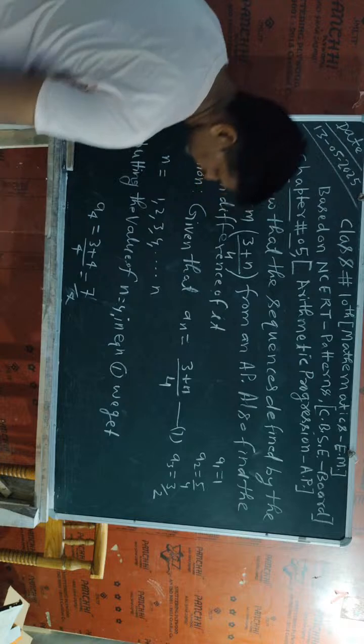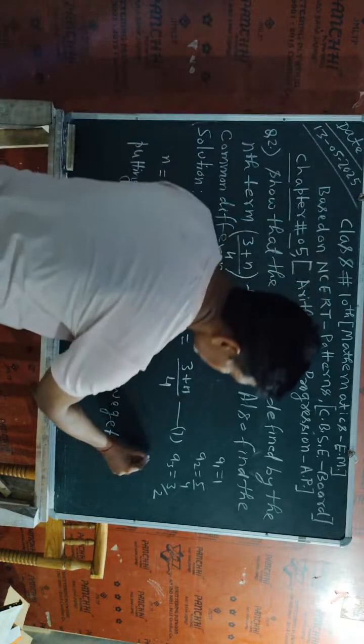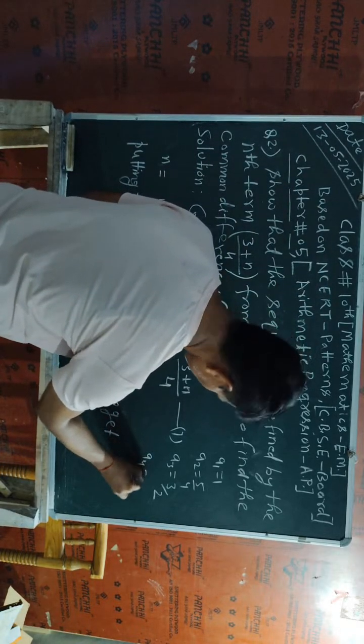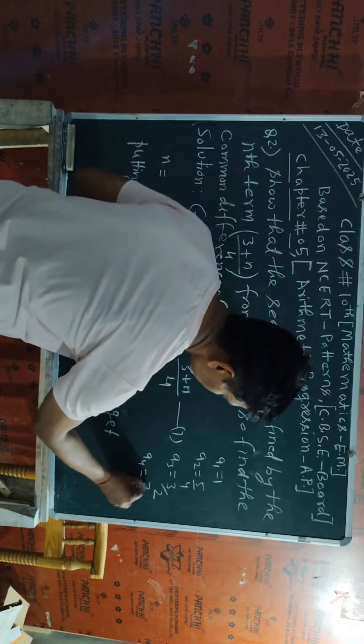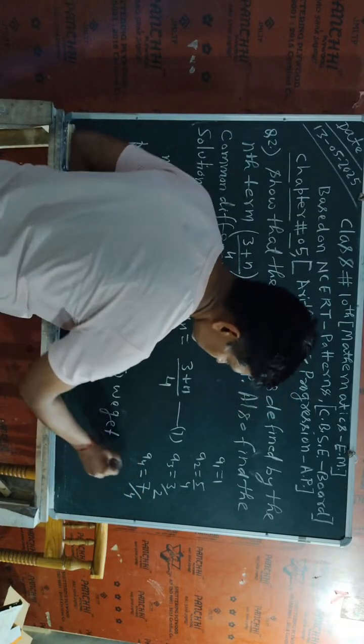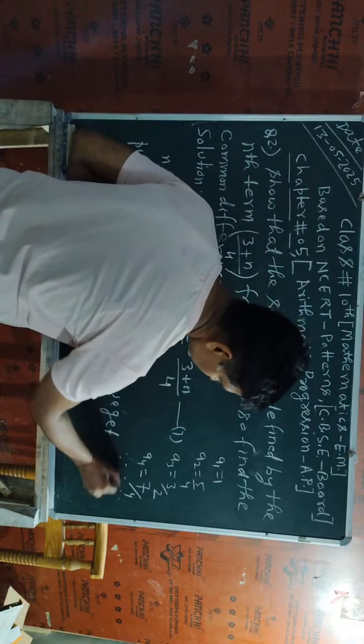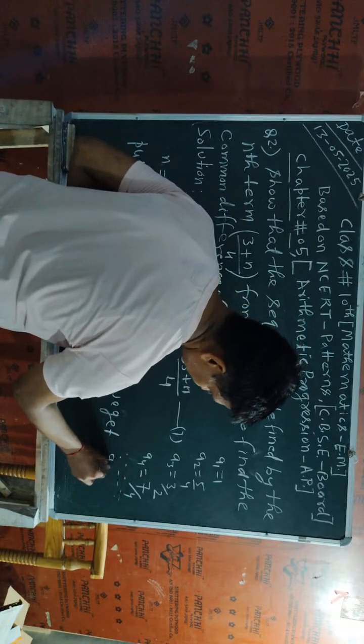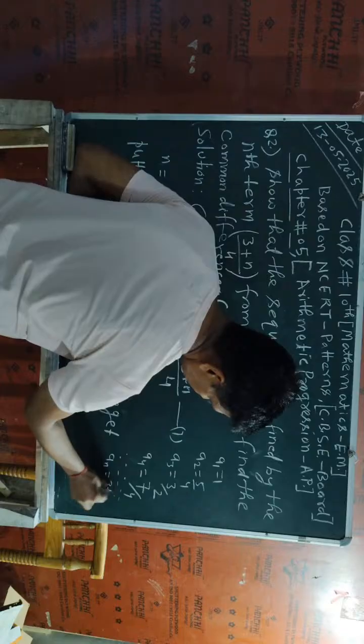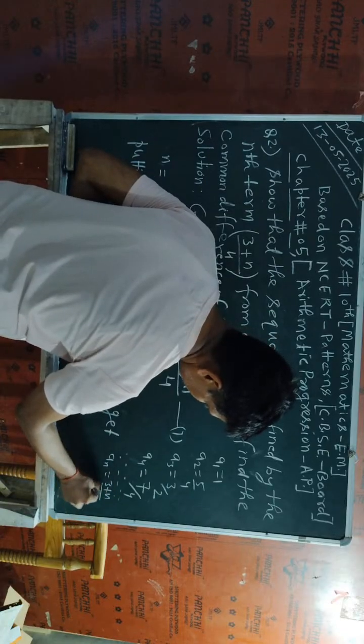So the value of a4 is equal to 7 divided by 4. Okay students, similarly you will get the nth term. That nth term will be an, which is equal to (3 plus n) divided by 4, as given in the question.